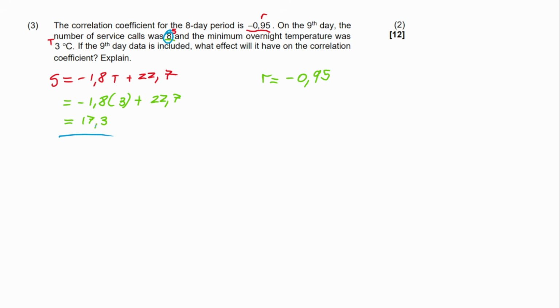So do you see how that 8 is far away from the 17? So what's going to happen is our correlation is now going to be weaker. So remember, the weakest correlation is R is equal to 0. So we're going to be closer to 0 because our correlation is getting weaker. So it's going to go from negative 0.95 closer to 0.